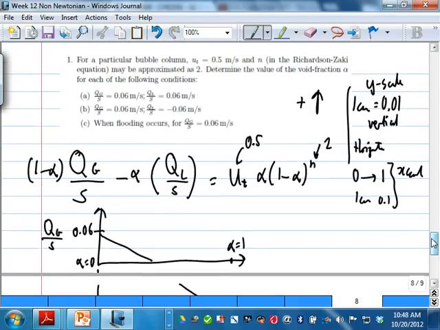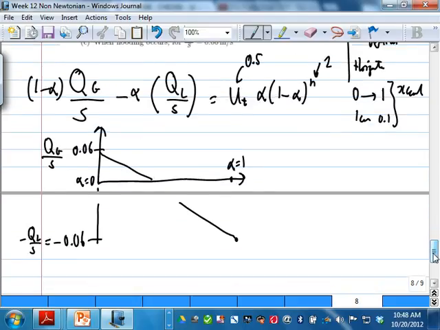Then next step, once you get a better hang, you maybe don't need such fine intervals, but just calculate this value at 0.1, 0.2, 0.3, 0.4, up to 1.